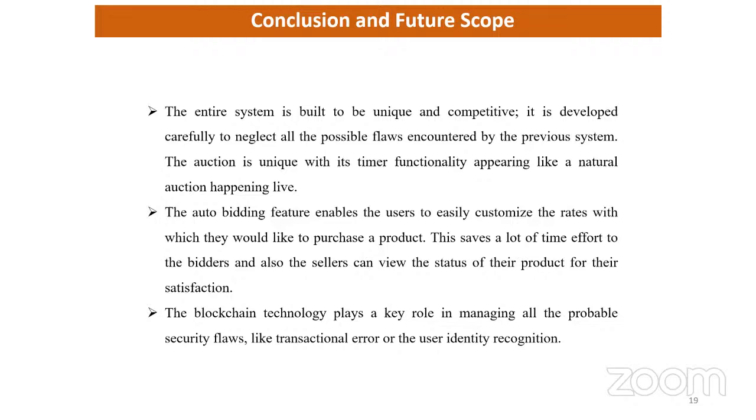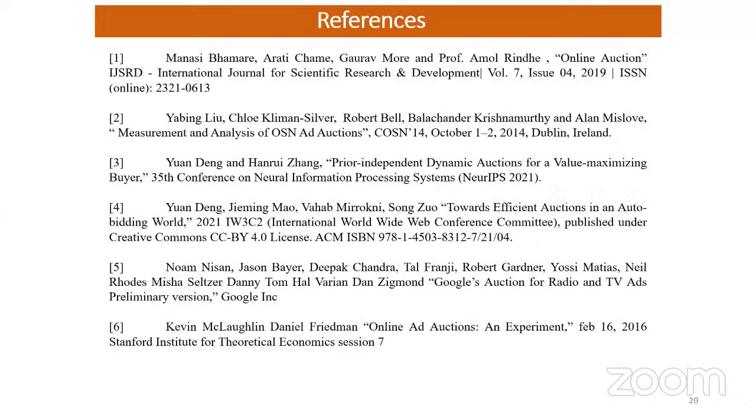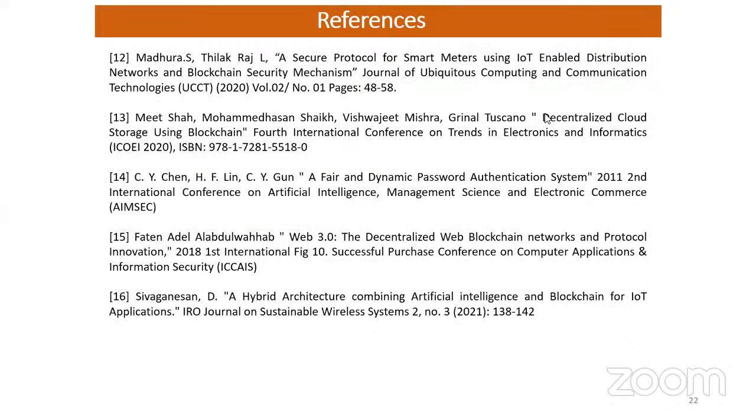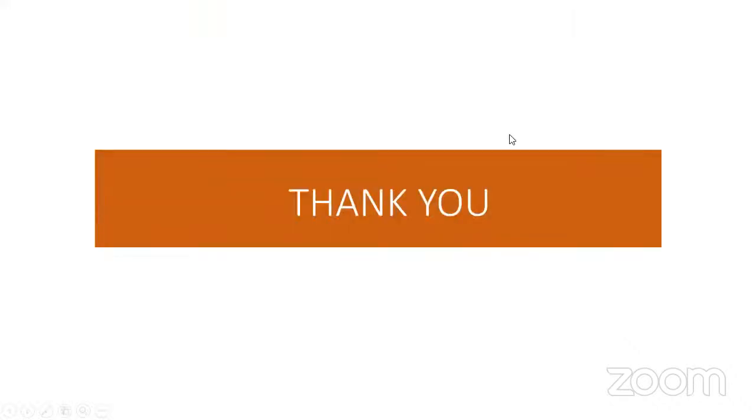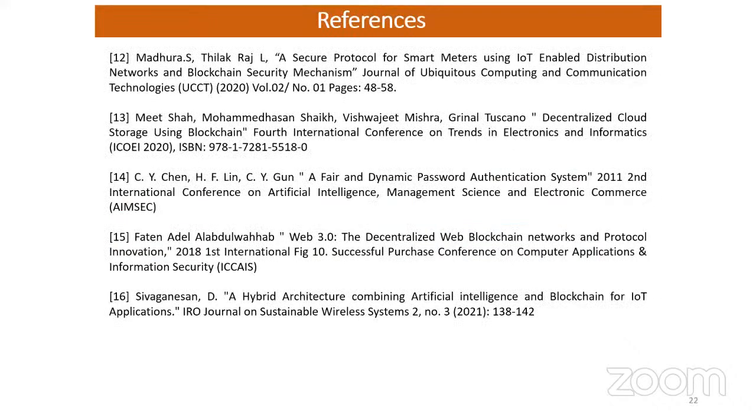Only then can we avoid corruption and many other things that happen in the TV and broadcasting industry. So then I wanted to tell you about this. This is what I'm going to use for my infrastructure: decentralized cloud storage using blockchain. That is where I got the idea of doing it.